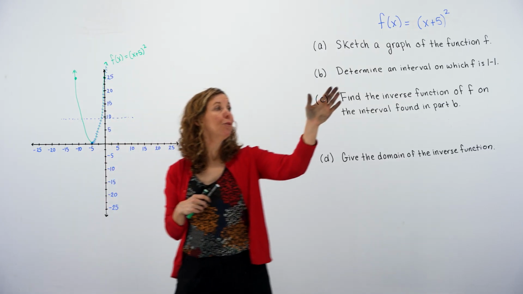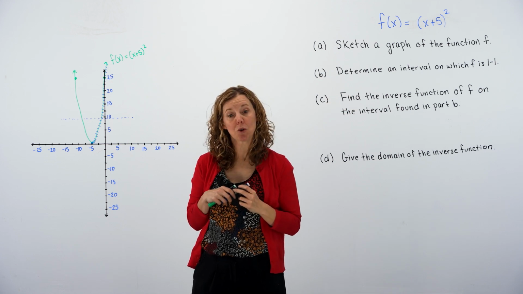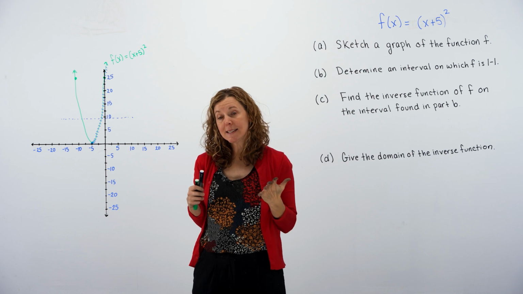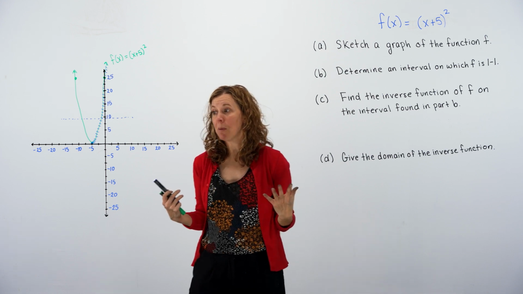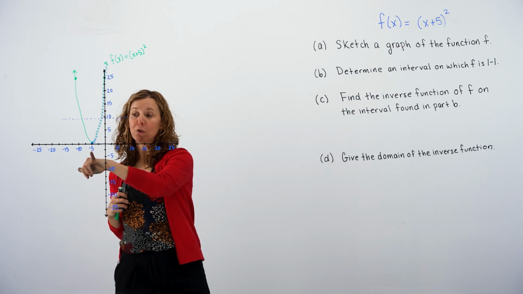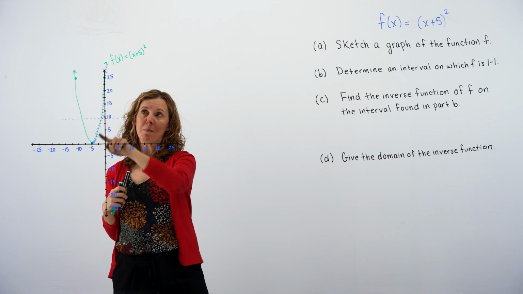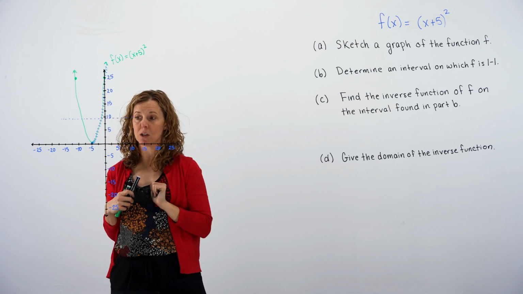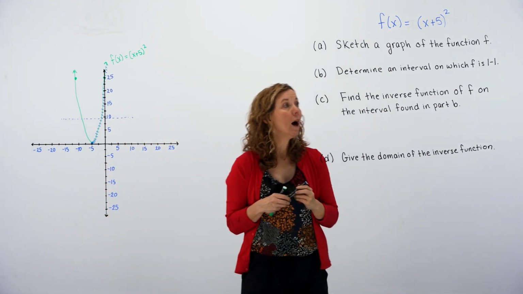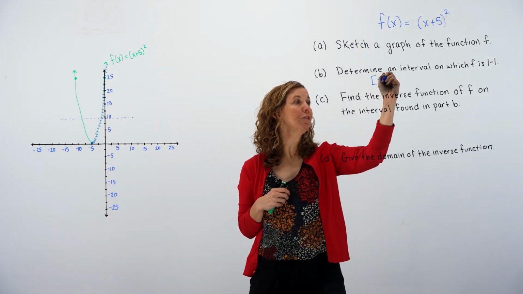So, if we want to go back then and determine an interval on which f is 1 to 1, well, one such interval, and in fact an interval that keeps the domain as large as possible, would be the interval from negative 5 all the way to infinity. Because remember, this graph continues and continues even over here into the positive direction. So one interval that we could choose would be the interval from negative 5.